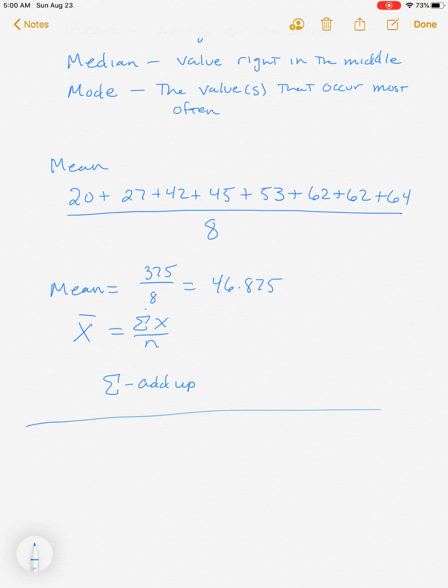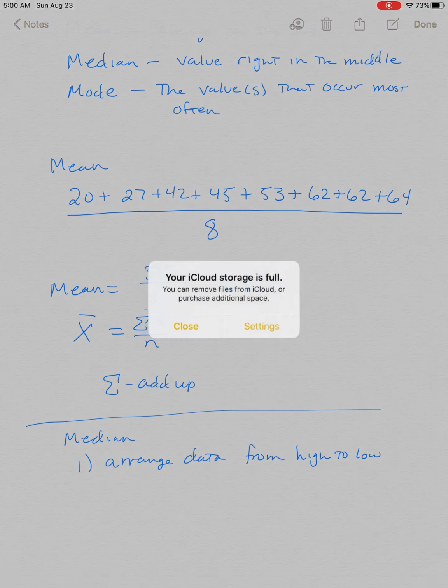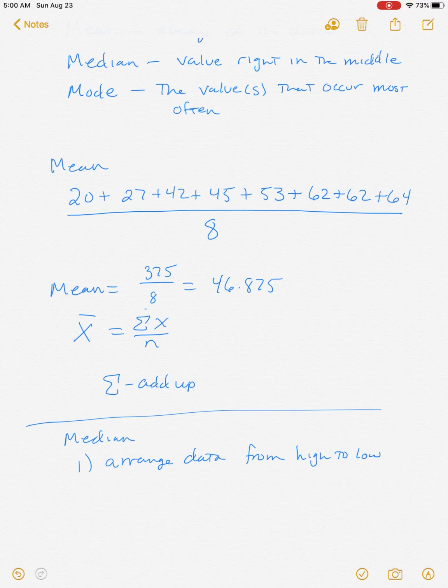If we go to find the median, the median is the value right in the middle. Now, in order to find the median, the first step is to arrange the data from high to low. And that was already done for us. I'll just recopy the data set right down here.